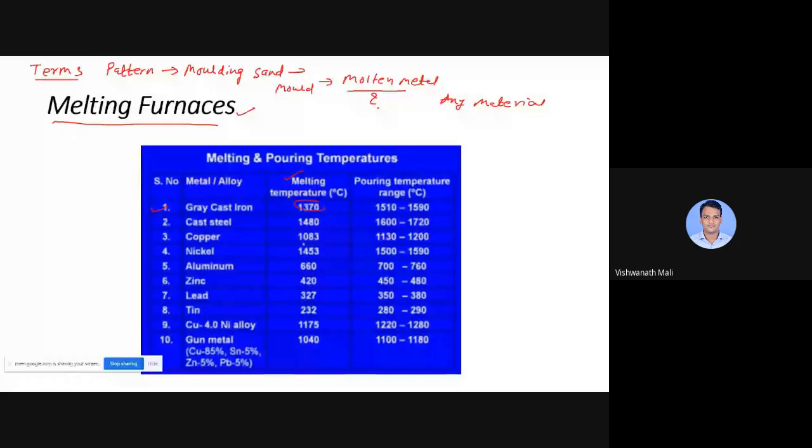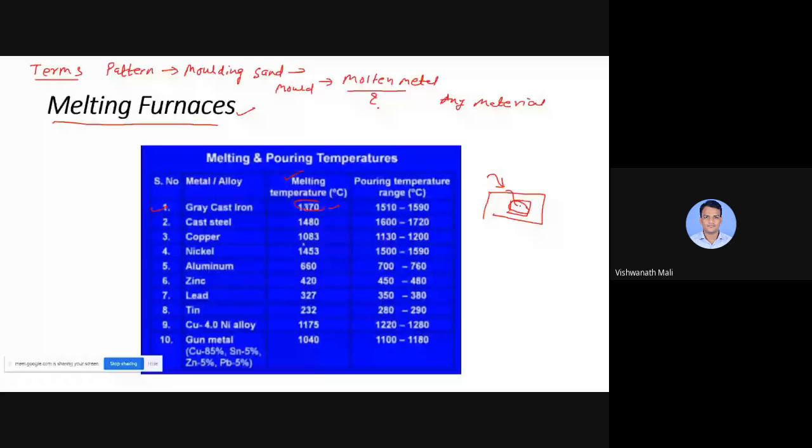Because at that temperature, it only melts. If we heat the gray cast iron up to this temperature and try to pour it into the prepared mold, it will not flow properly and will not fill the mold properly. That is the disadvantage.